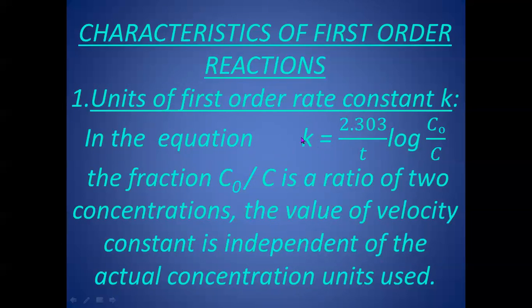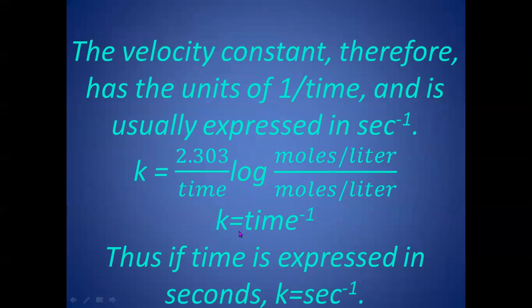In this equation, which is K is equal to 2.303 by t log C0 by C, the fraction C0 by C is the ratio of two concentrations. The value of velocity constant or rate constant is independent of the actual concentration units used. Why? Because moles per liter will get cancelled.